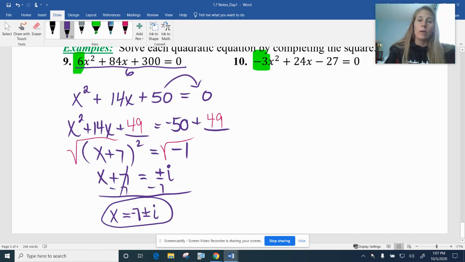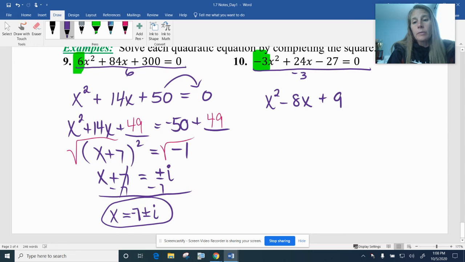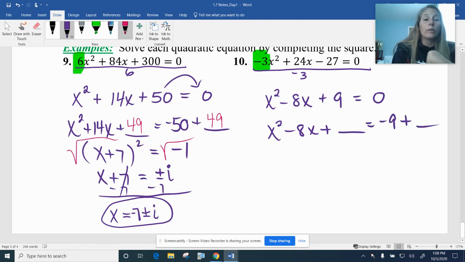All right, and then the last problem in this half of our lesson, we're going to divide everything here by negative 3, leaving us with x squared minus 8x plus 9. We are going to move that 9 over to the other side so that we can find a c value that works for us.